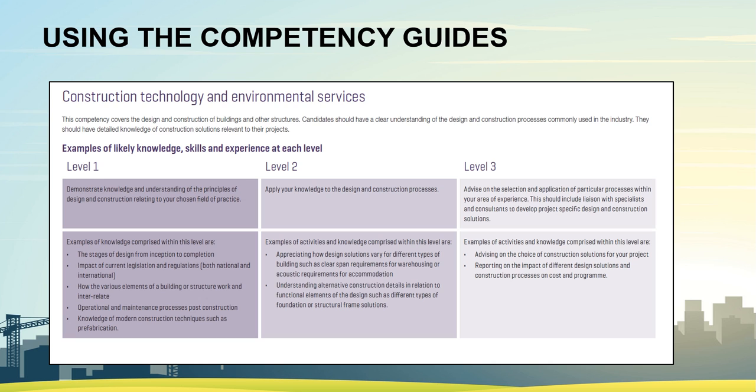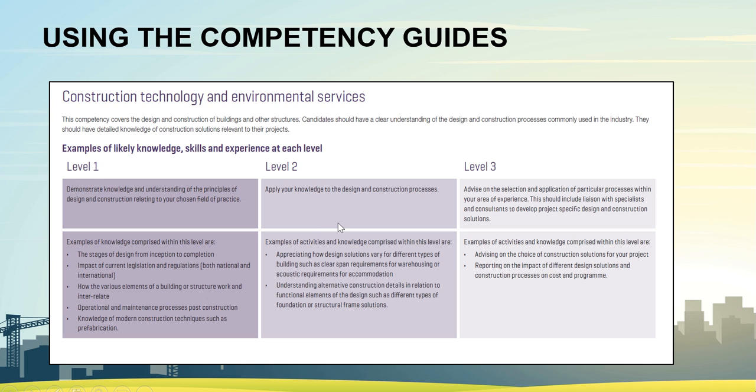Again, looking in more detail at one of the core competencies specific to the quantity surveying pathway, it gives some really good examples and a lot of detail in terms of what you can refer to achieve these competencies. Looking at level 3 there, if you've ever been involved in providing cost advice to a client and helping them choose different design solutions, whether that be a comparison between foundation solutions or a frame solution, you could refer to that there.